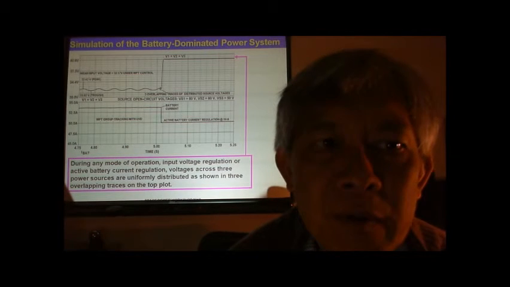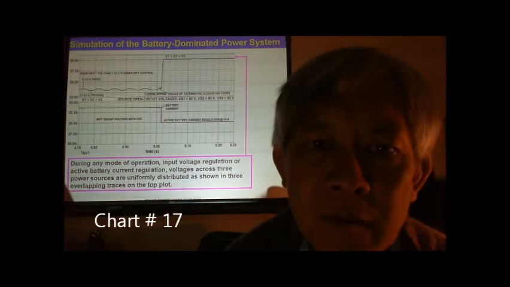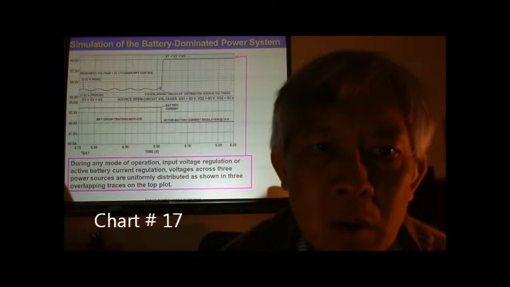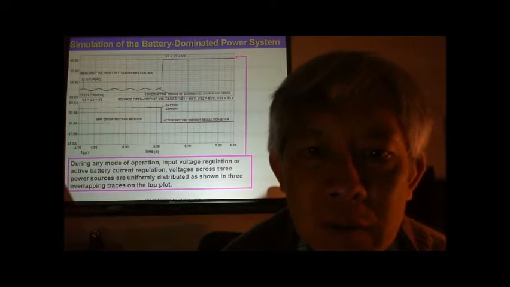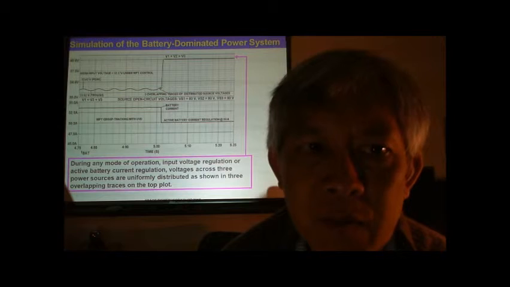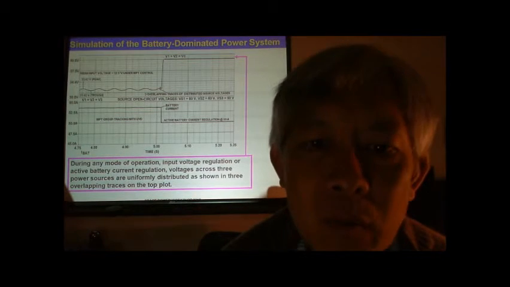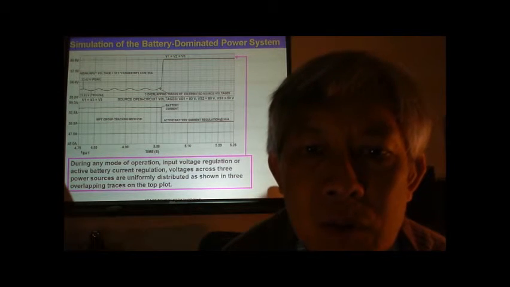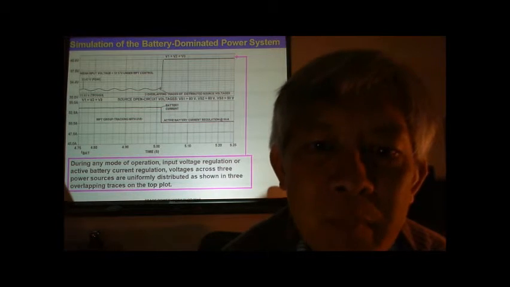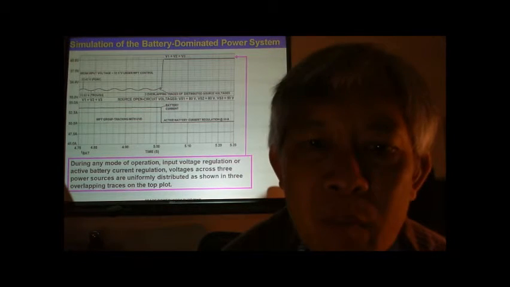This slide shows the simulation of the battery dominant power system. On the plot, the upper plot shows the sourcing voltages V1, V2, V3 that are always equal. This simulation shows the transition between maximum power tracking mode to non-maximum power tracking mode.